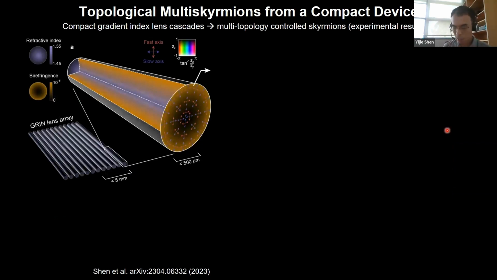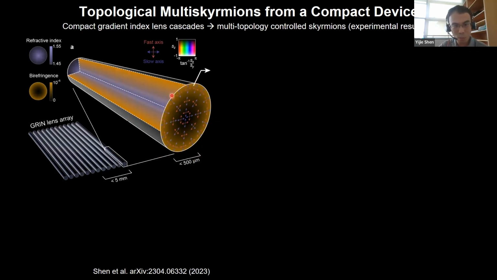I shared this idea with Professor Martin Booth at Oxford University, and they showed me a very interesting device. It's not a fiber, not as thin as a fiber.